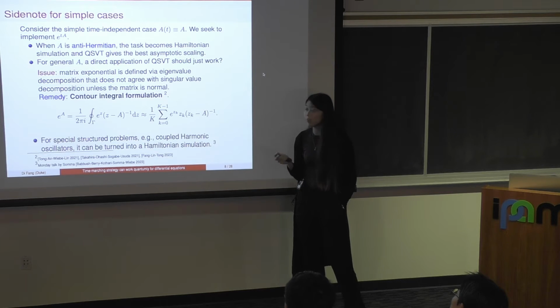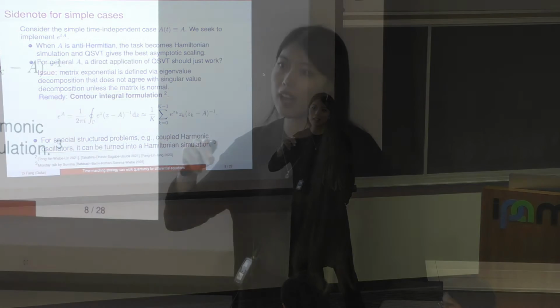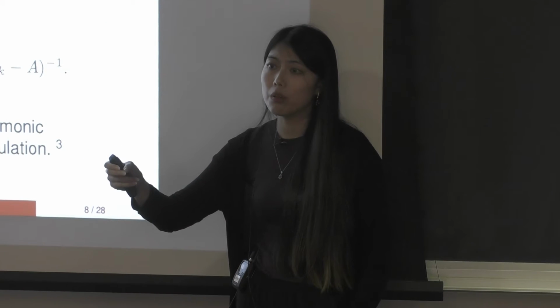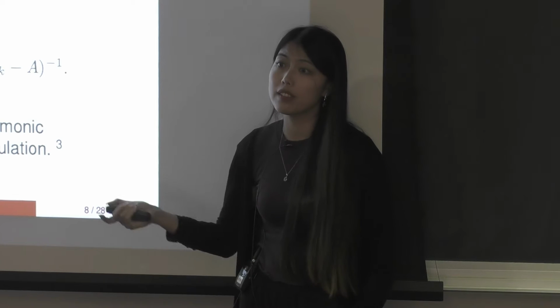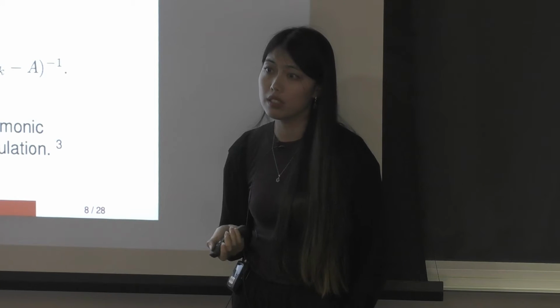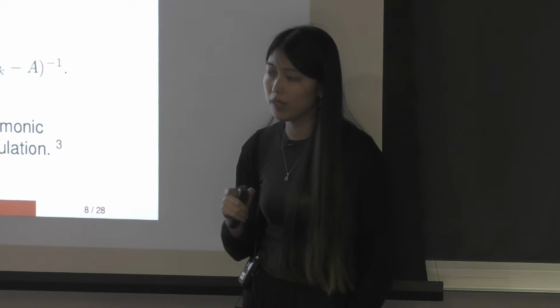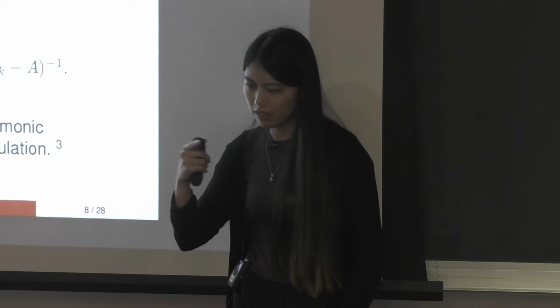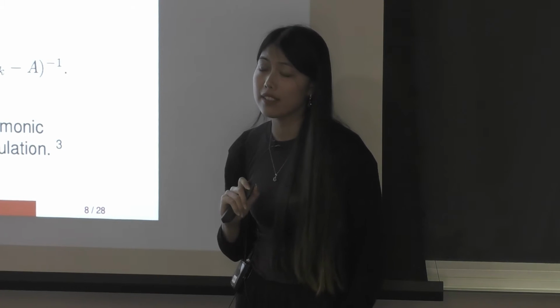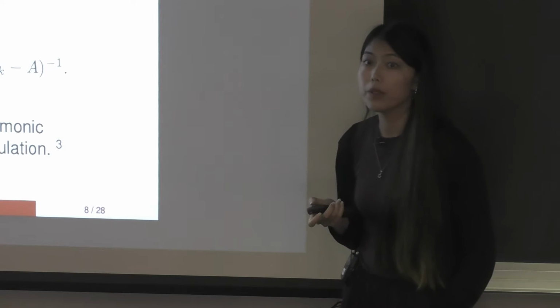And then how many queries you need to call this oracle is independent of the number of qubits n. Versus then you can ask, how do I construct this oracle? Suppose A is sparse, then we know that we can construct it using subnormalization S, where S is the sparsity. Yeah, thank you for the question.